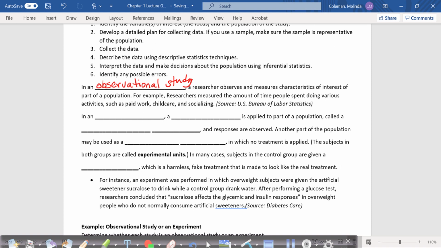In an experiment, a treatment is applied to part of the population, which is called the treatment group.